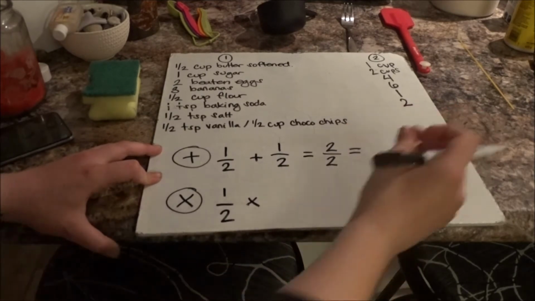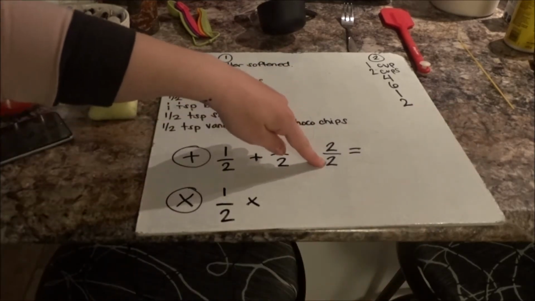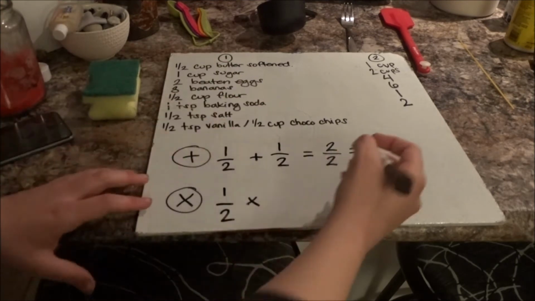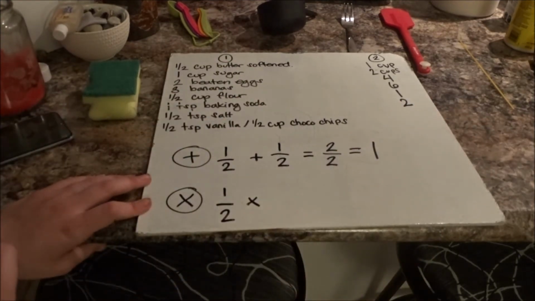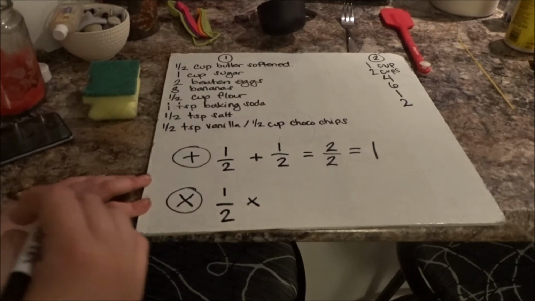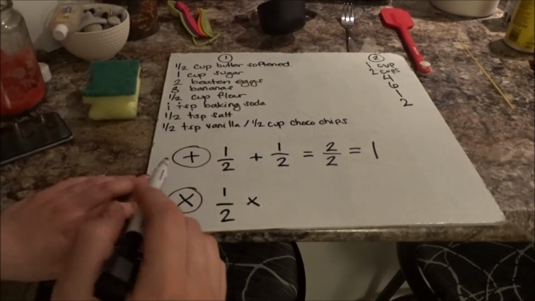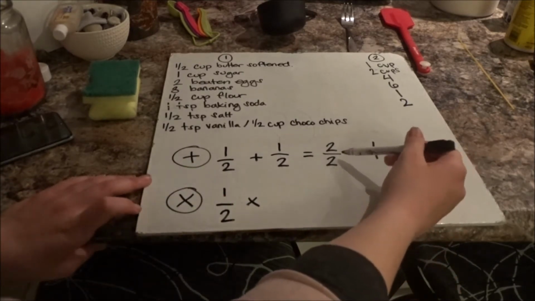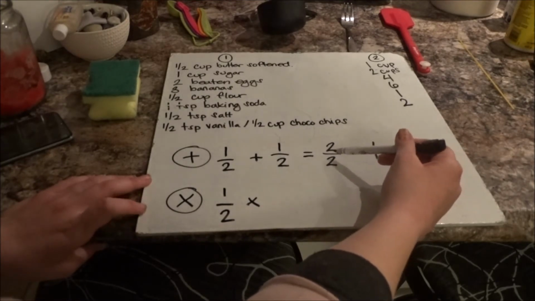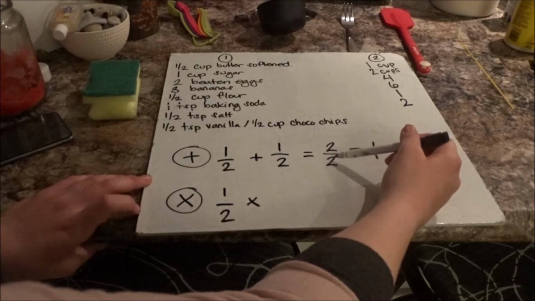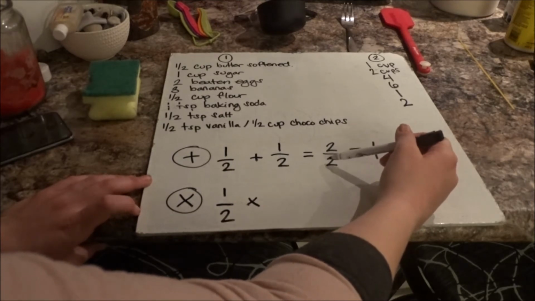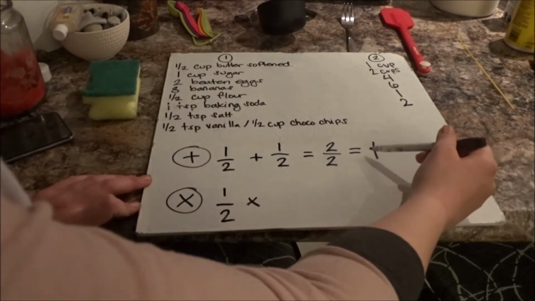But when we have a whole number over the same whole number, 2 over 2 actually equals 1. That means of the total 2 parts, we have 2 of the 2 parts, which means we have all of it, or 1.